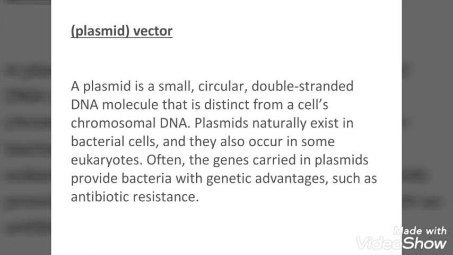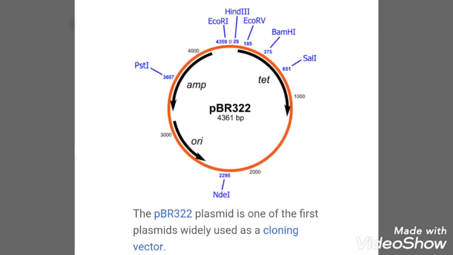Artificial plasmids are constructed in the laboratory by scientists using laboratory techniques. A plasmid is a small circular double-stranded DNA molecule, and here the diagram is pBR322 with the important sites: ampicillin resistant site, origin site, and restriction enzyme sites EcoRI, HindIII. These are restriction enzyme cutting sites.